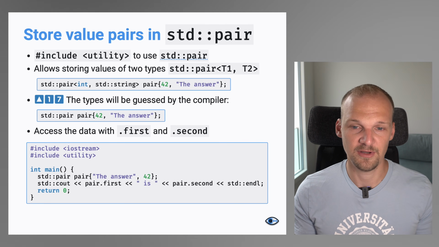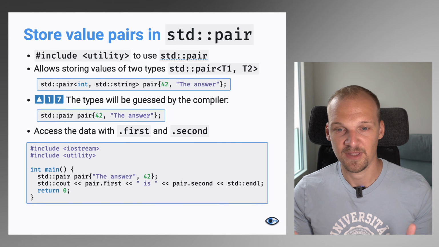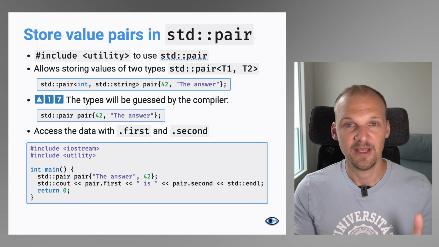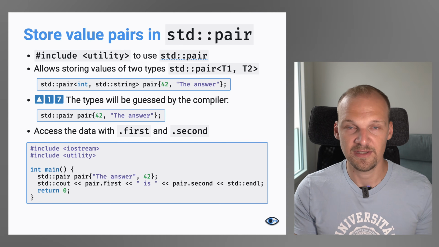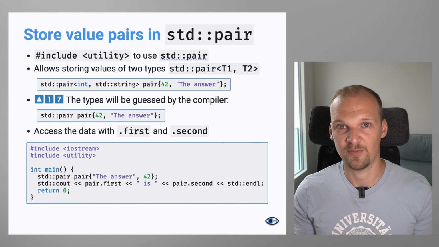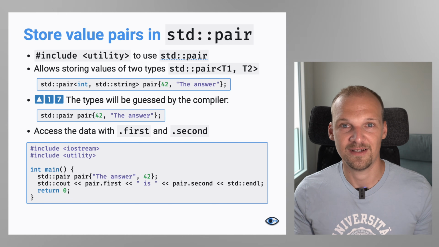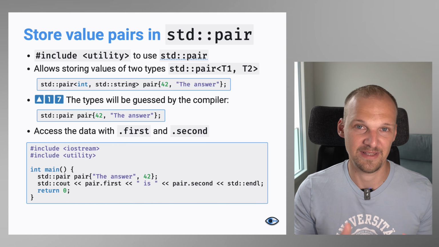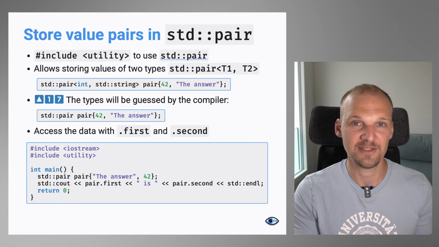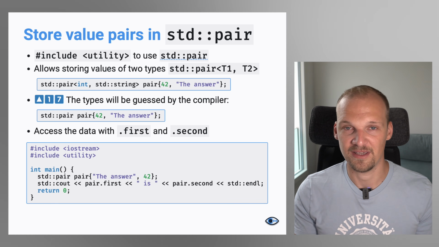So if I want to, say, make a pair of an integer and a string, I can type in std::pair, then open the angular brackets, type int, string, close them, and then I can provide the values for it. You can initialize these types of variables in the same way as the variables of fundamental types, with either the equality sign or just the curly brackets.